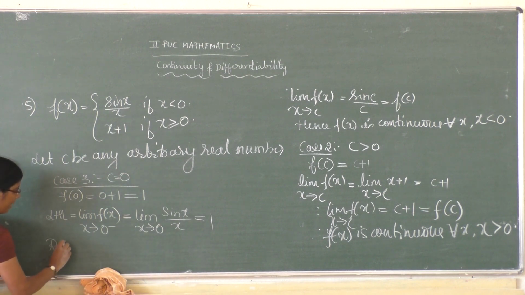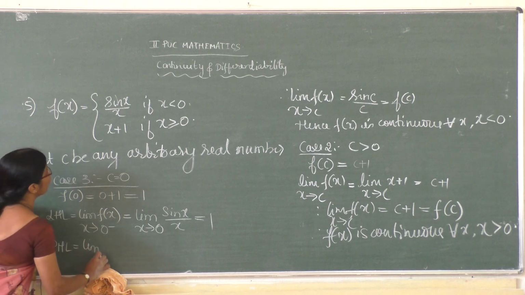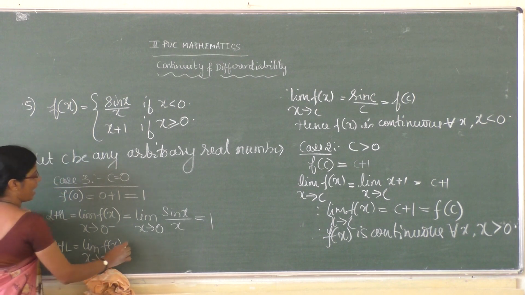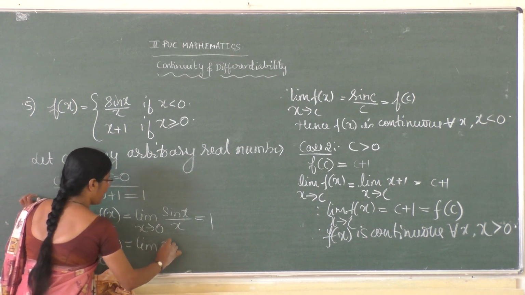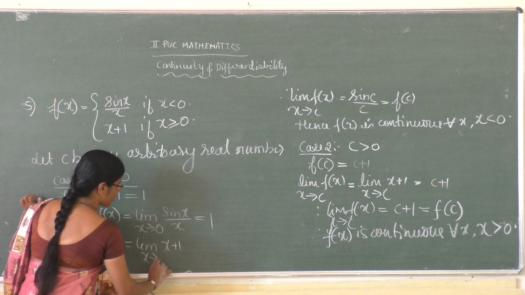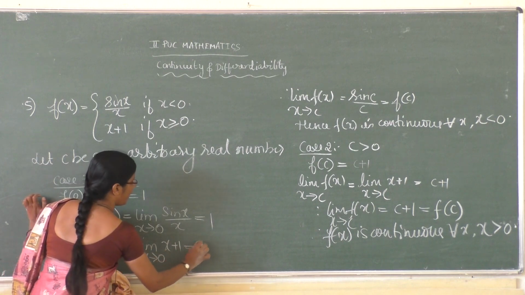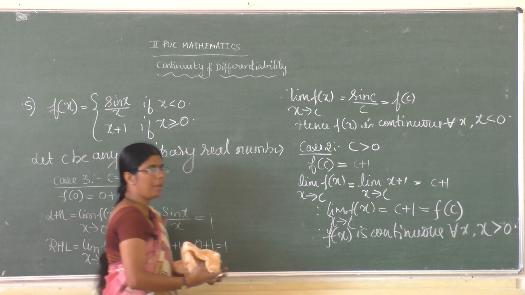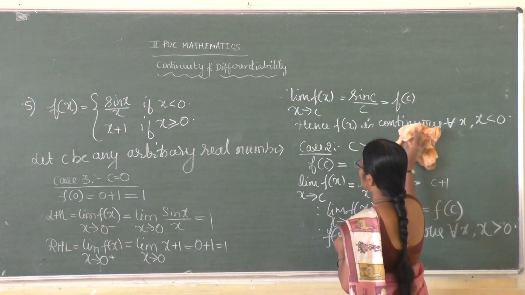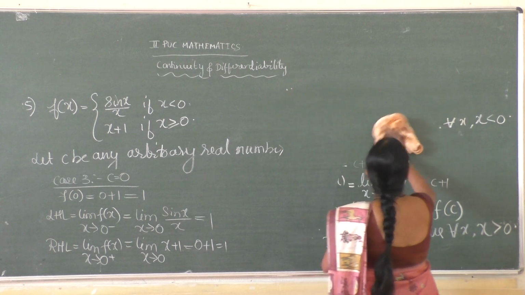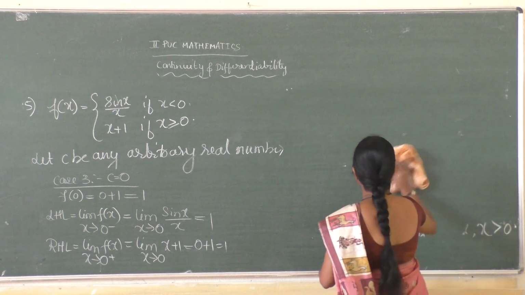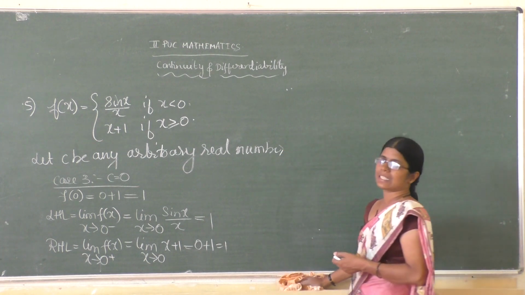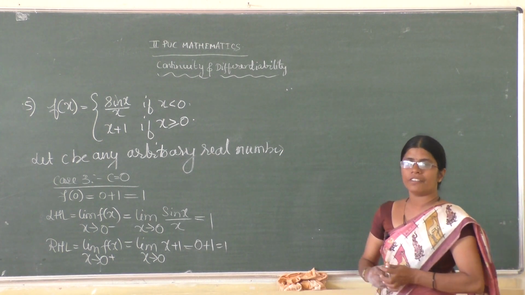So the right hand limit equals the limit of f of x as x tends to 0 plus, and that equals the limit of x plus 1 as x tends to 0, which equals 1. Okay, therefore the left hand limit equals the right hand limit, hence f of x is continuous at x equal to 0. Therefore there is no point of discontinuity for this particular function.